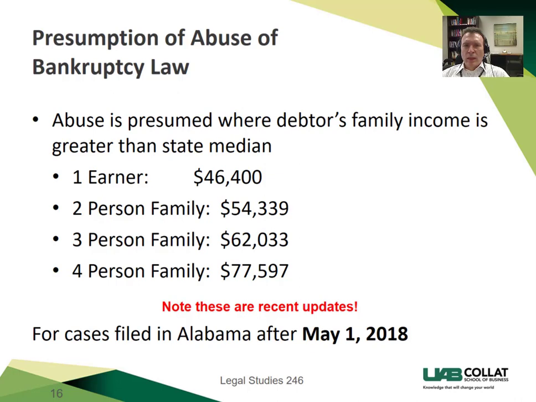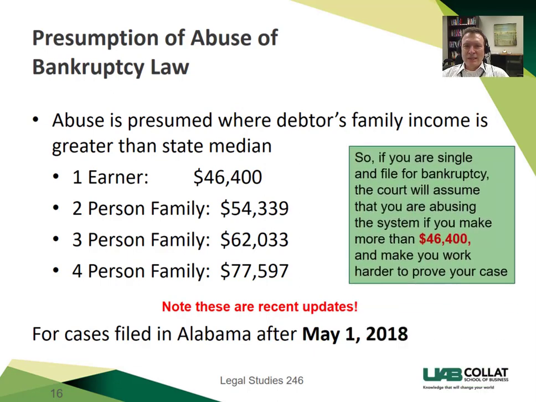And every couple of years, the amounts that determine whether or not you are abusing the bankruptcy system are revised, and they were very recently revised in May of 2018, and look at what they are now. If you are a single person and you make more than $46,400 a year and you say, I want to file for bankruptcy, you will have a harder time.